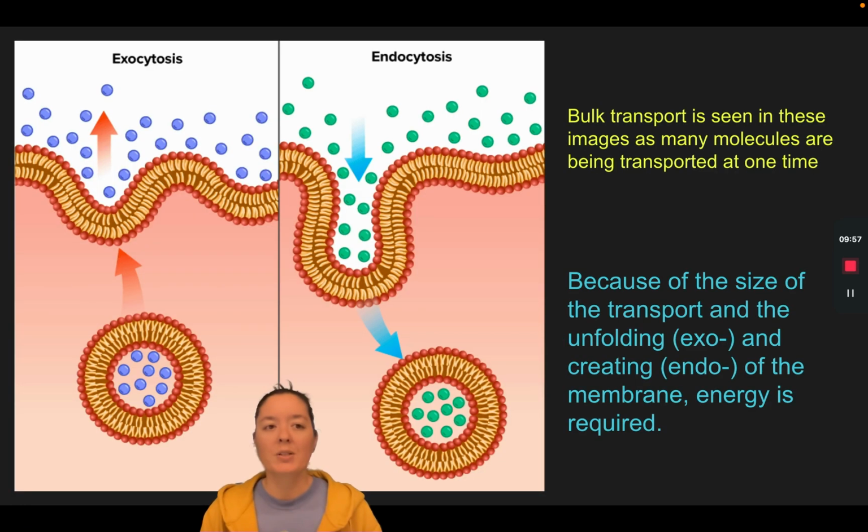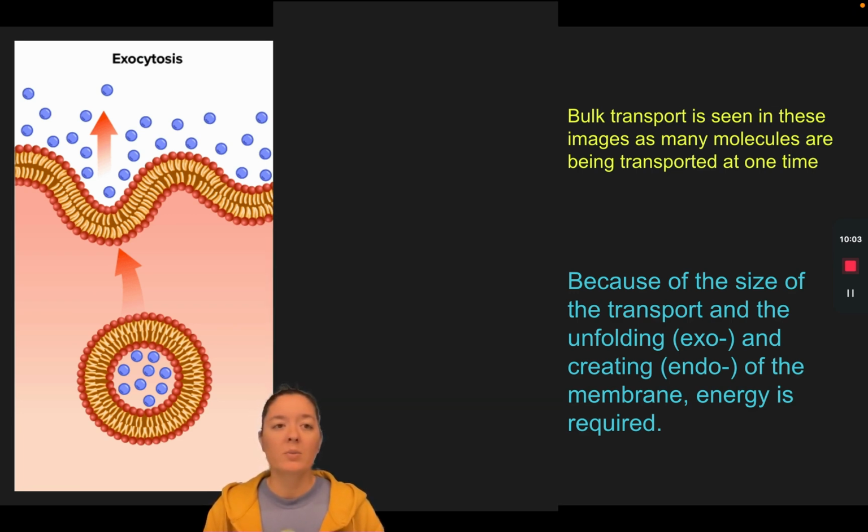Here are some images that help us see the difference between exocytosis and endocytosis. In the first panel here, we see exocytosis. We have a little tiny bubble. It's actually a vesicle. Its outside is made up of those phospholipid bilayers, just like our membrane, and that bulk transport, or a lot of those little tiny purple circles, need to exit the cell.